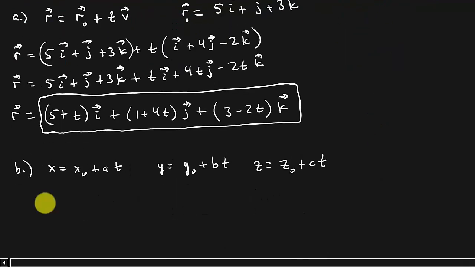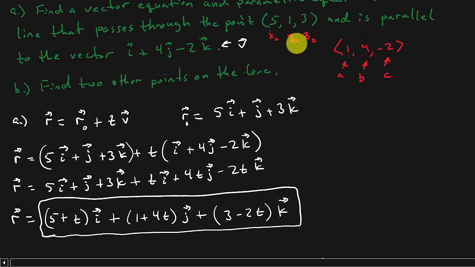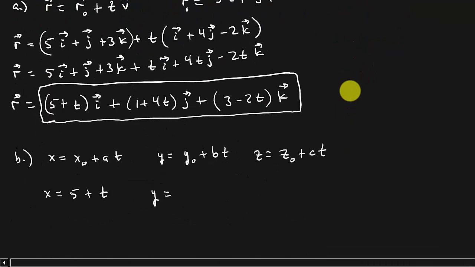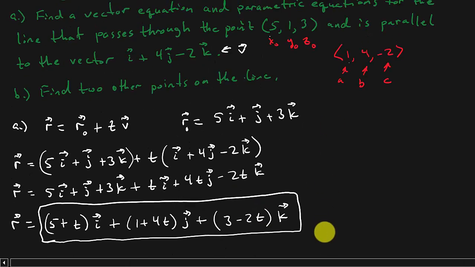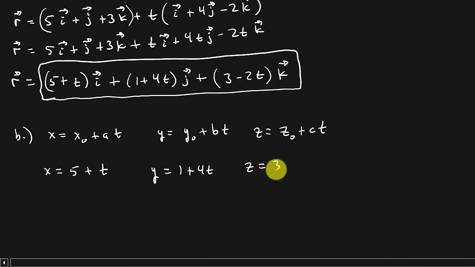So we get x is equal to 5 plus t. Y is equal to, well, what's y0 and b? That's 1 and 4. And so that's 1 plus 4t. And then z, well, what's z0 and c? That's 3 and negative 2. So that's 3 minus 2t.